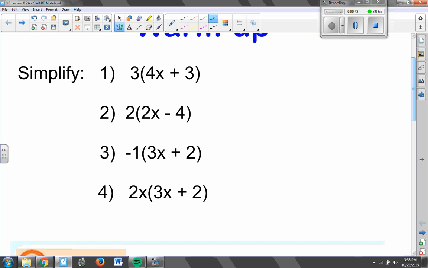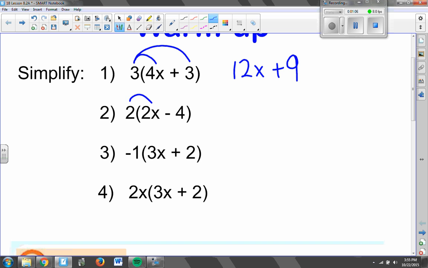All right, number 1, if I use my distributive property, I need to multiply 3 times both pieces that are inside of the parentheses. Right? 3 times 4x, which should give me 12x, and 3 times plus 3, which should give me plus 9. That's number 1.